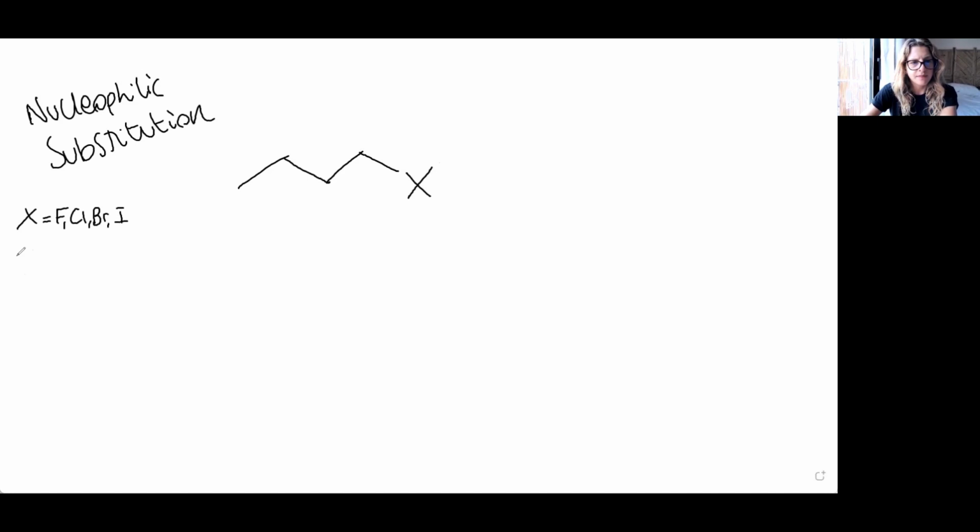And then Nu, it's any nucleophile. A nucleophile could be OH minus, could be NH3, CN minus, any nucleophile, which from previous lessons we know are electron pair donors, so anything that is electron rich.